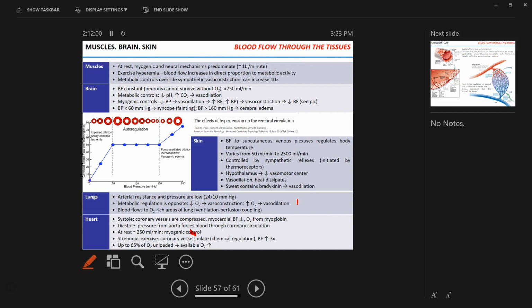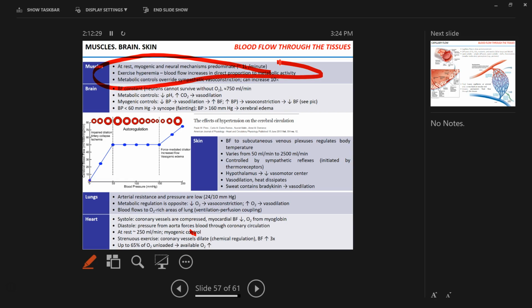Now, blood flow to specific organs. I'm going to be sort of restrictive here. First, muscles. So, 1 liter per minute at rest, 12 liters per minute during exercise.